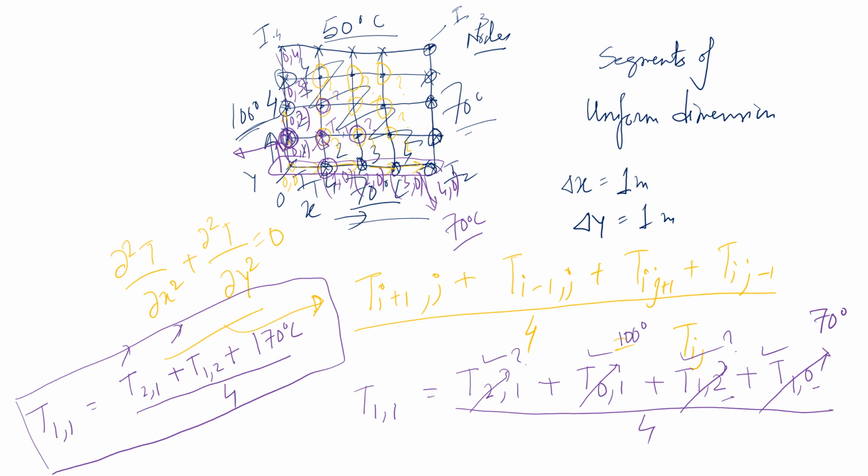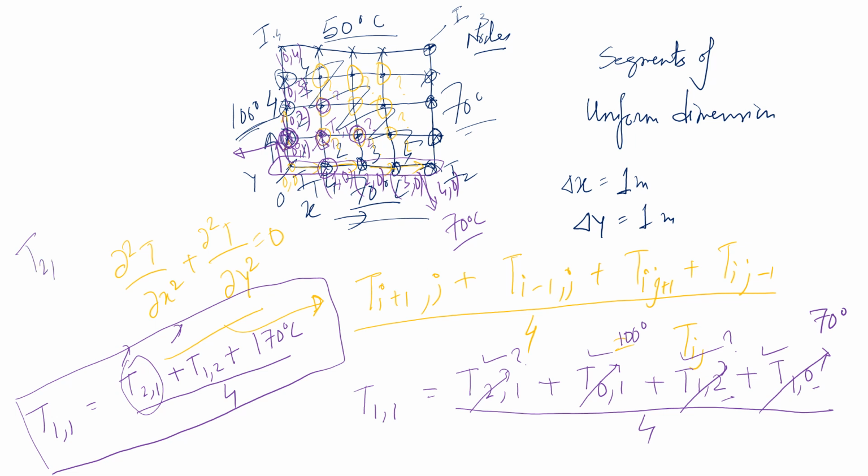Then let us move to the next one, this one. This point will be T21. If this is your 0, 1, 2, so this will be T21, that means this point.